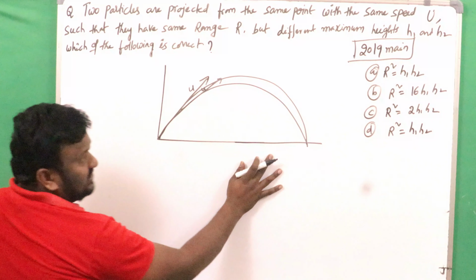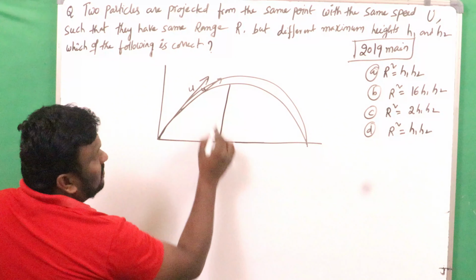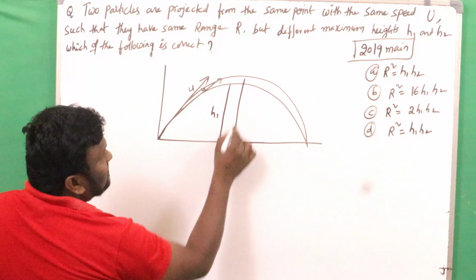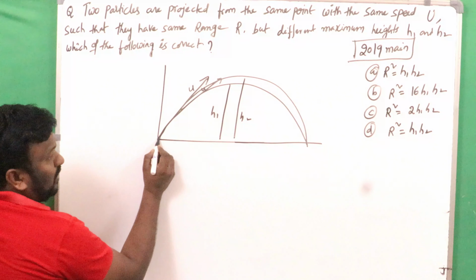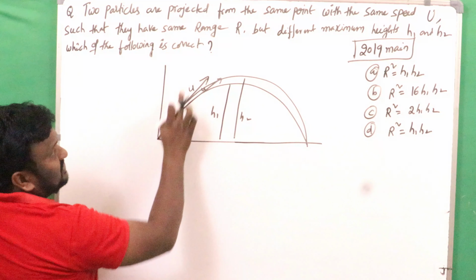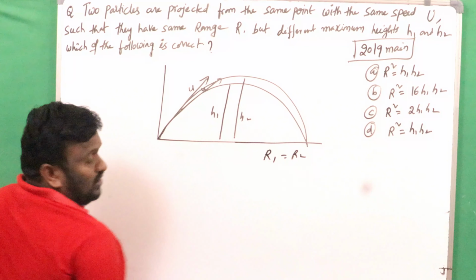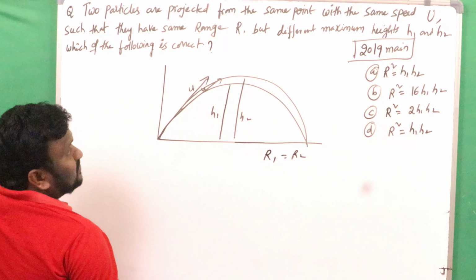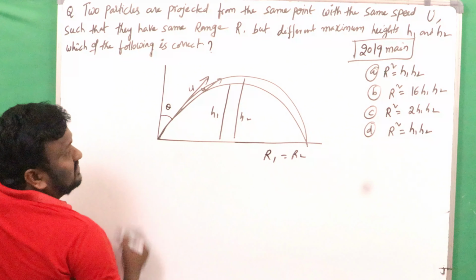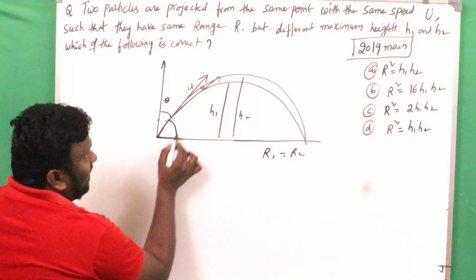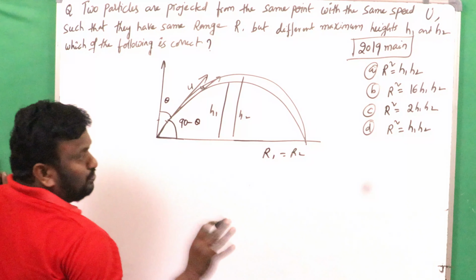They have the same range and same initial velocity, but the heights are different. R1 is equal to R2. This is possible only when one has some angle theta and the next has angle 90 minus theta. Then only it is possible.